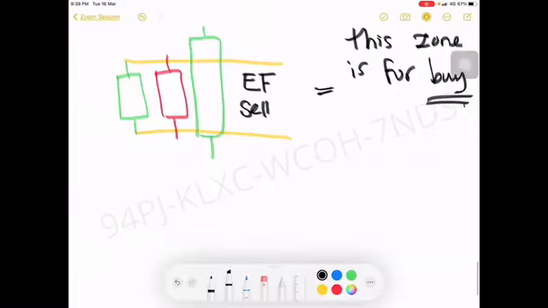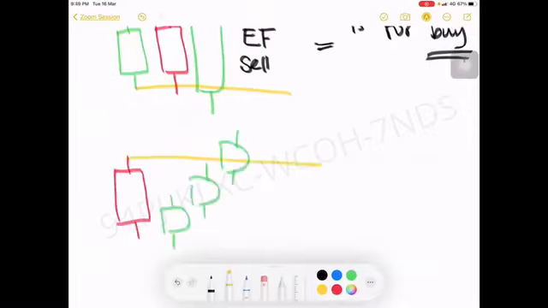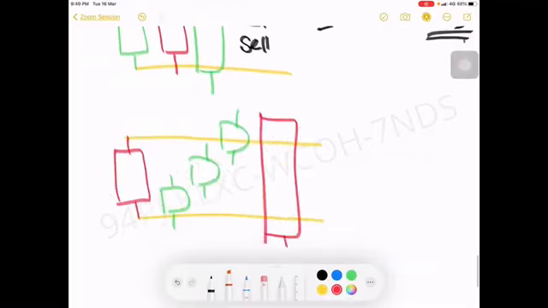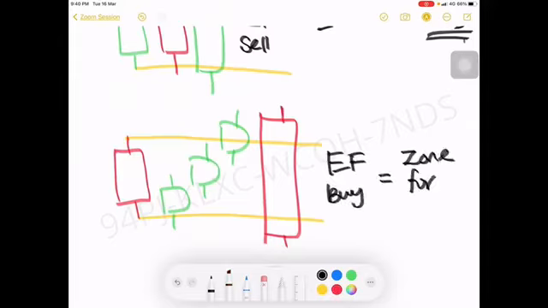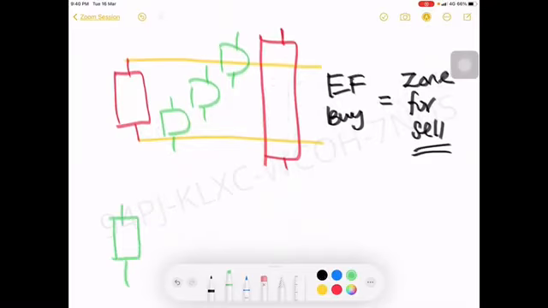All right, so I'm going to show you one more example. So let's say if you have this kind of angle, suddenly it just went down. So this is another, this is still EF, but for sell. Okay, and I'm going to have another one, which is going to look like this.